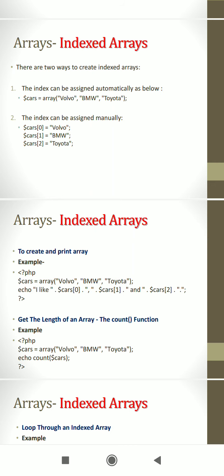Echo message, "I like " . $cars[0] . ", " . $cars[1] . " and " . $cars[2], in the PHP tag. So what will be the output here? It will display: I like Volvo, BMW and Toyota, meaning all three.